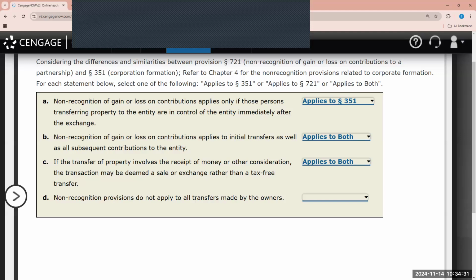There are certain transactions under both provisions that require the recognition of gain or loss. When it comes to section 351, if they receive boot, the shareholder is going to need to recognize the lesser of the gain realized or the fair market value of the boot. So there are some nuances in which the non-recognition rules will not apply.